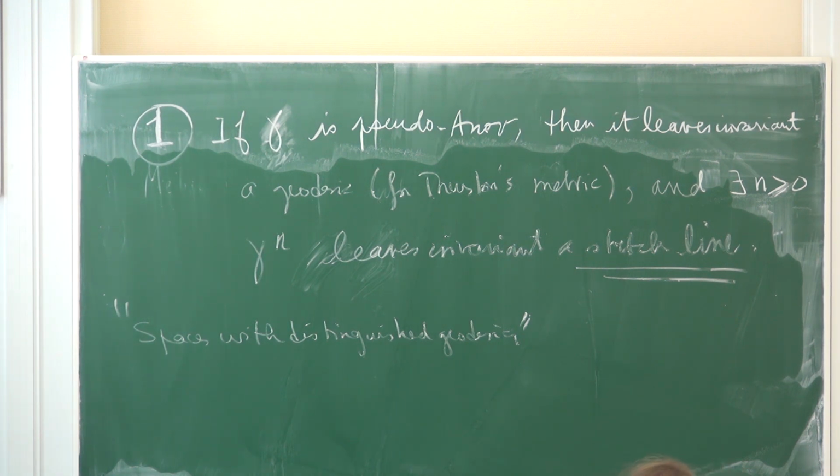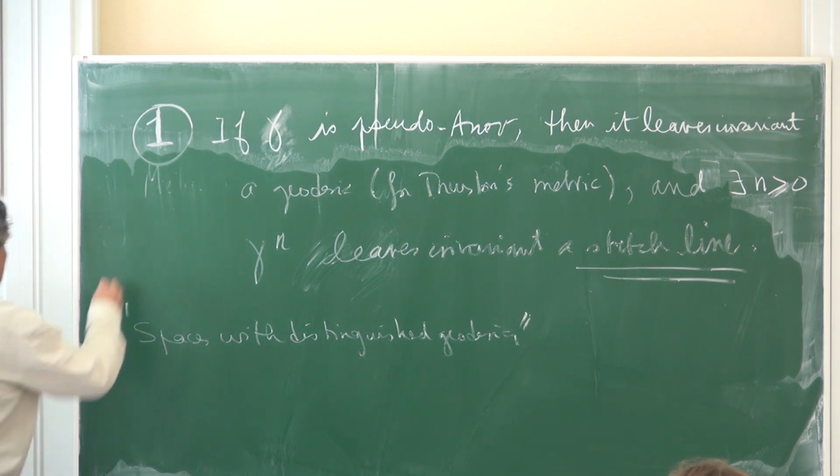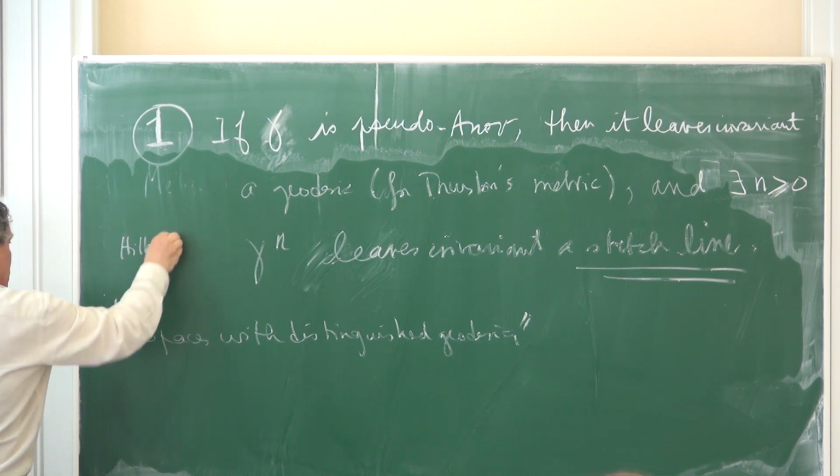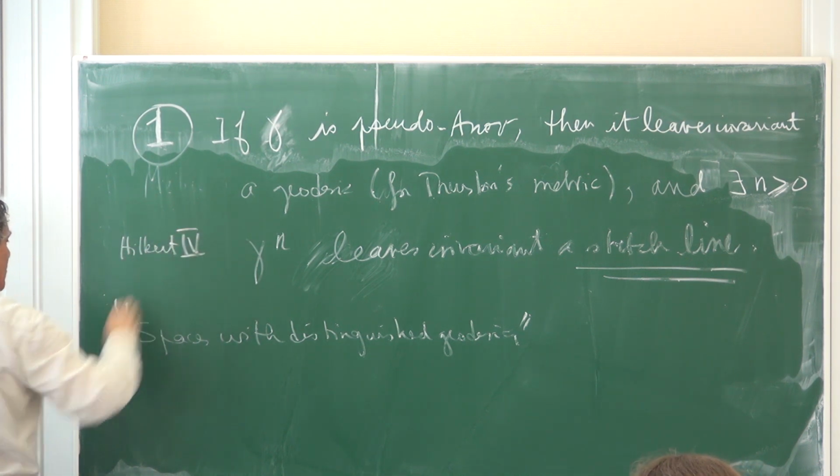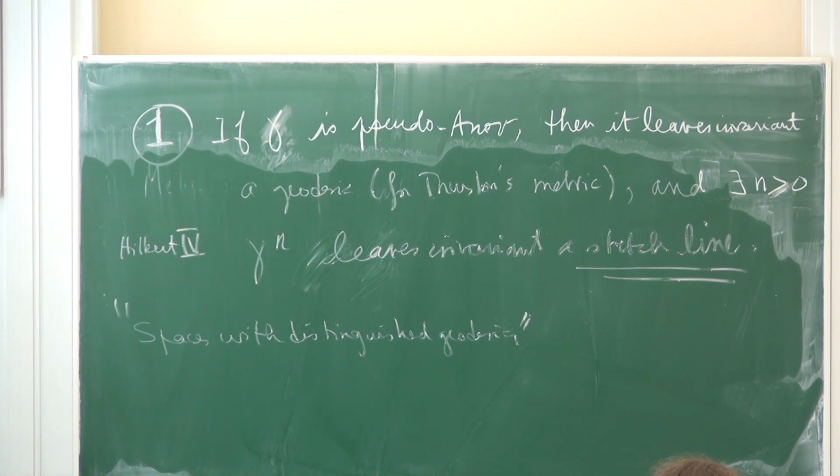You see, Busemann was interested in Hilbert problem number 4, which asks to characterize the metrics on subsets of Euclidean space where the Euclidean lines are geodesics. But you can have other geodesics, but these are distinguished geodesics. You see? And he worked on this problem.